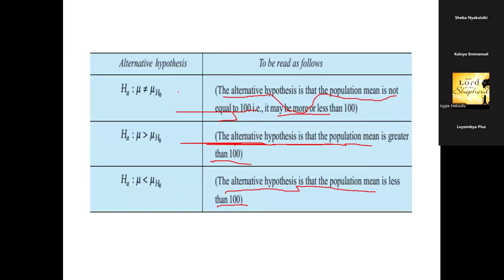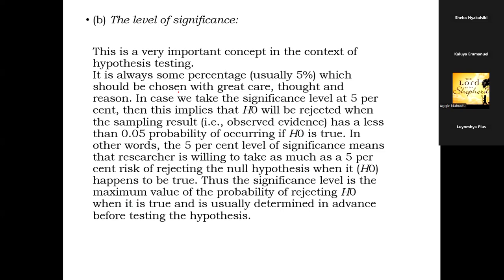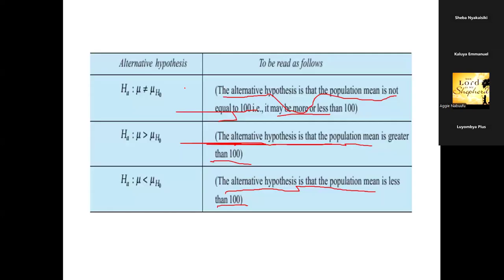So the alternative hypothesis, let us say we are measuring population mean. And we are measuring this method, which is supposed to come up with a population mean. So the alternative hypothesis, you say, if it brings this result, it may be less or more. If it brings this result, it means it's greater. If it brings this result, it means it's less.